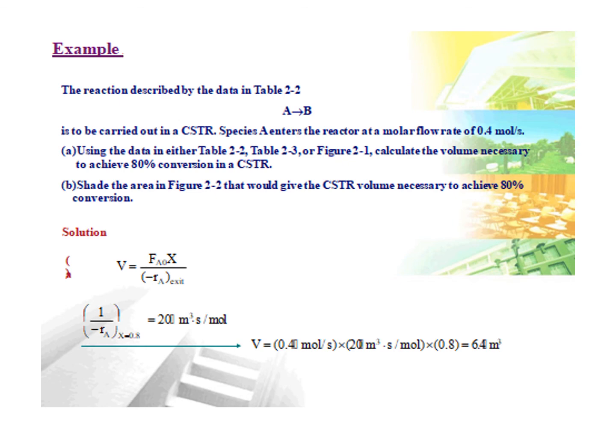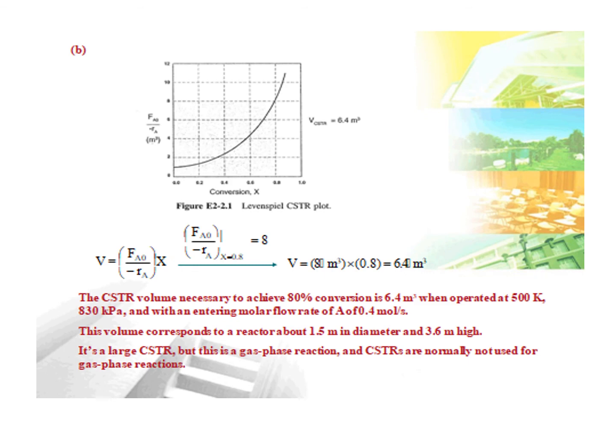With the help of figure 2.1, we will calculate the volume necessary to achieve 80% conversion in a CSTR. With the CSTR design equation V equals FA0 X upon minus RA at exit, this is the further calculation of the remaining part of this example.